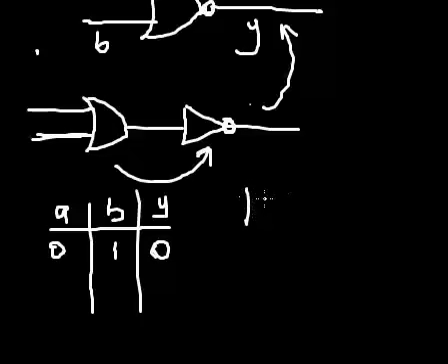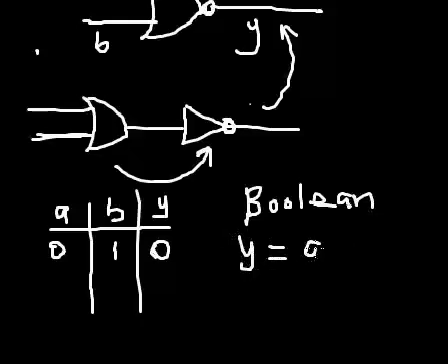So by Boolean algebra, what I'm looking at is the addition of two inputs, and after they are added, the result is inverted.